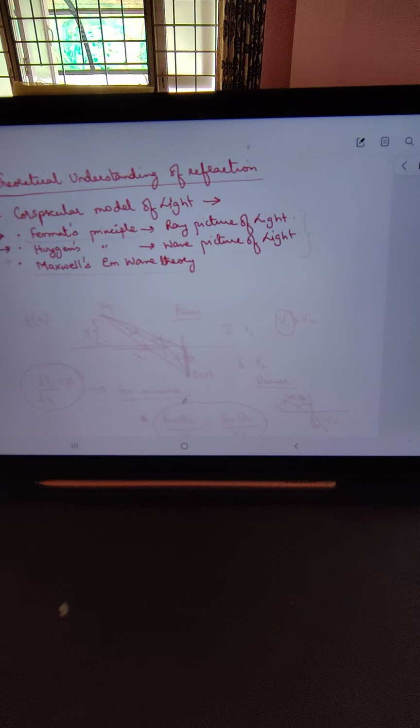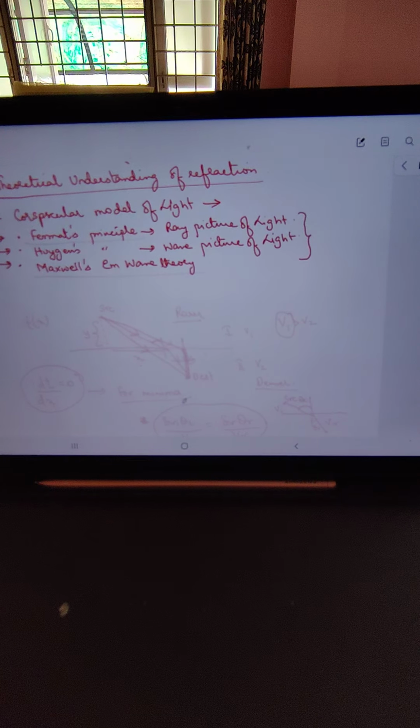Right? So you can try to understand refraction from all these three different viewpoints. Right? So we don't want to do the last two now because this is reserved in the chapter of wave optics, and Maxwell's EM wave theory is too comprehensive to study at the level of class 11th and 12th.